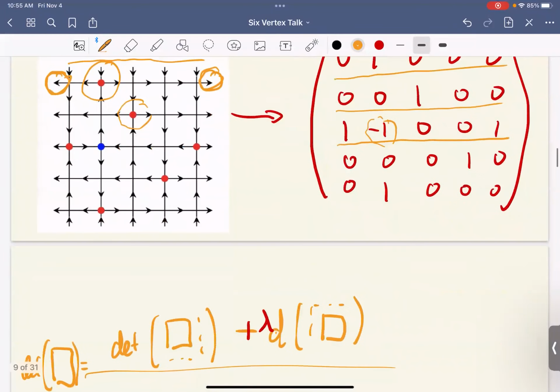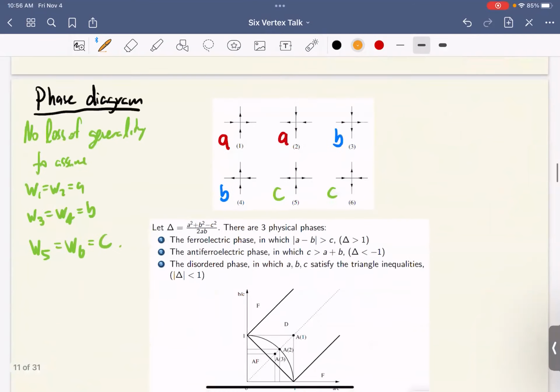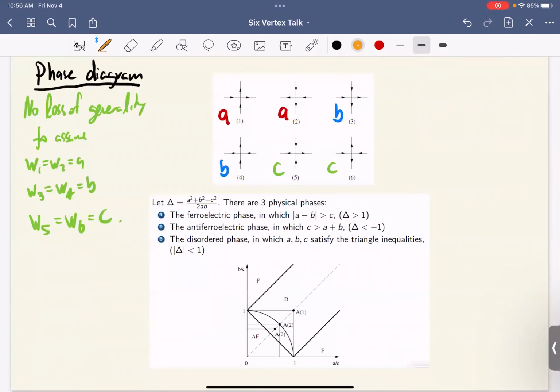Okay. So there's another big interest for these domain wall boundary conditions. Let me try to describe what the phase diagram looks like here. There are 6 weights, which are the parameters in this model. It turns out that with the fixed boundary conditions, the number of type 1 vertices and the number of type 2 vertices is always the same. It's just in the combinatorics.